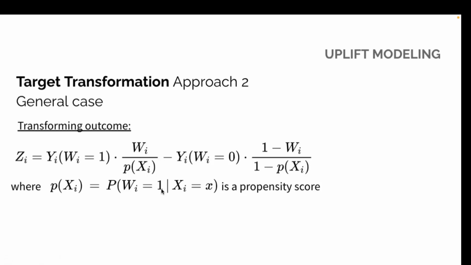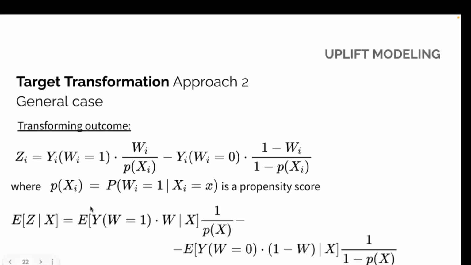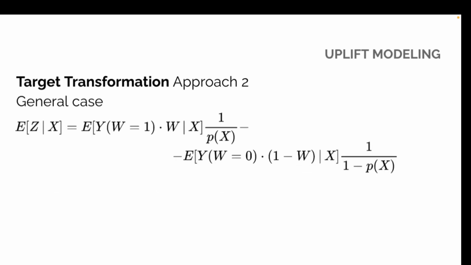And if we use that transformation and compute the expectation value of Z given X, we get this, and we plug in that definition of Z over here in that expectation operator, we are left with this expression. And then the same expression, I didn't change anything here.